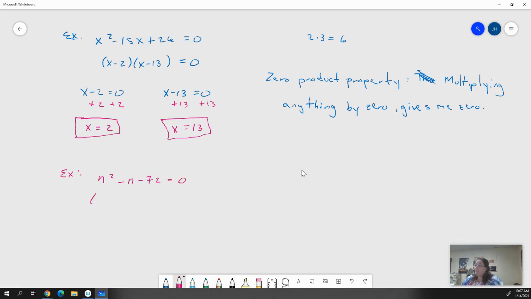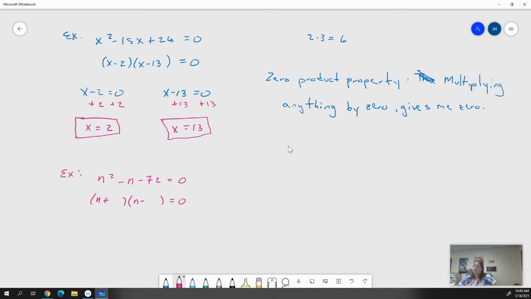I know that I am going to have n plus something and n minus something by my chart, right? I can't have a negative c term and not have a positive and a negative factor. So I'm going to take my factors of 72 that add up to -1.